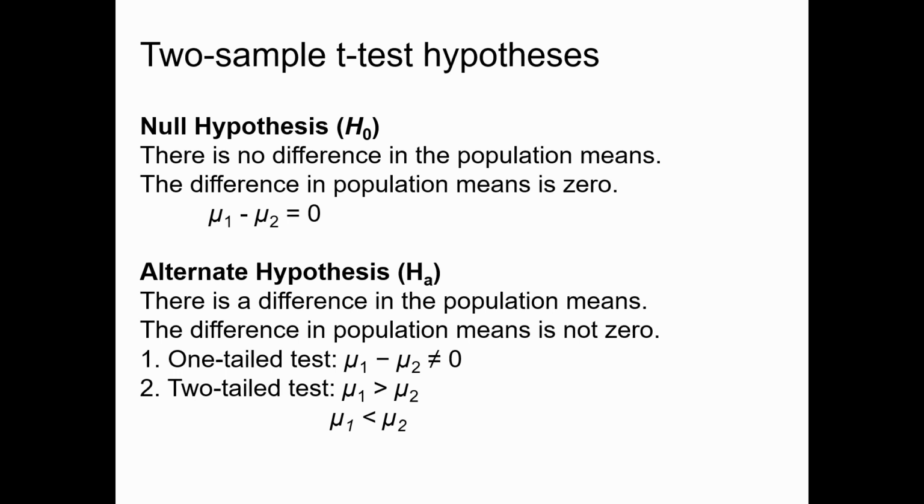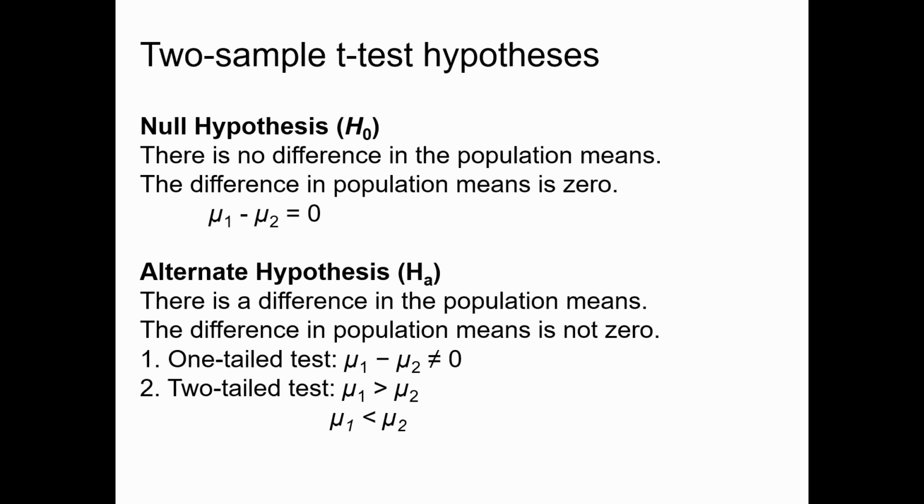The alternate hypothesis, or H sub A, is a little bit more nuanced depending on what you think might be happening in the population. The most simple way of putting it is to say there is a difference in the population means.